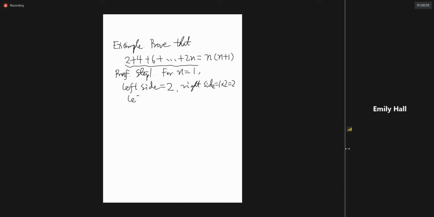Okay, I got it. Yeah, so normally when you look at the summation, when you plug in n, you look at the last term, then you get how many terms appear in the summation. So the left side is equal to the right side.